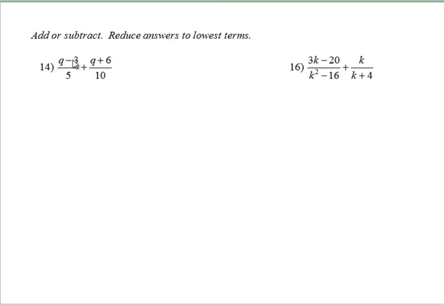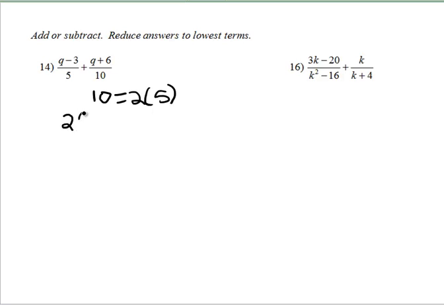So here we have two rational expressions that we need to combine. And the first thing we want to do is factor. So 5 is prime, but 10 is not. So if I factor 10, I have 10 equals 2 times 5.